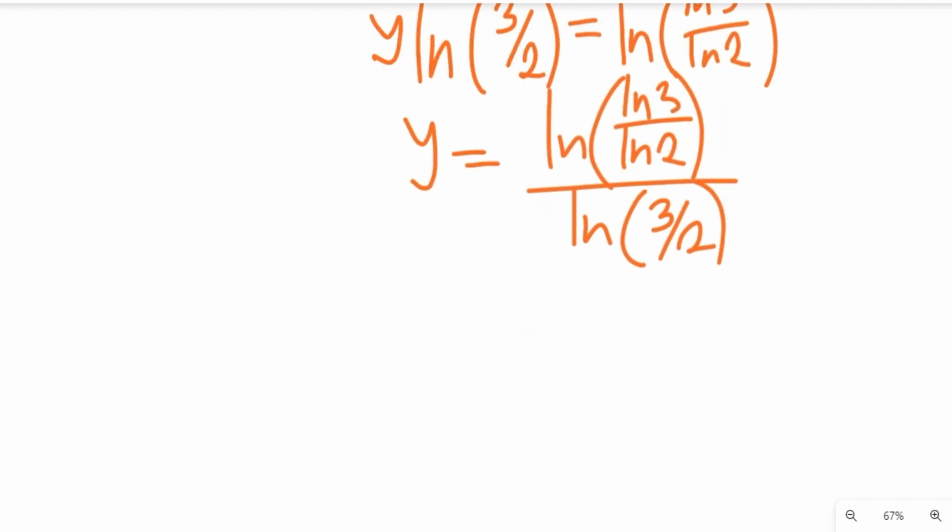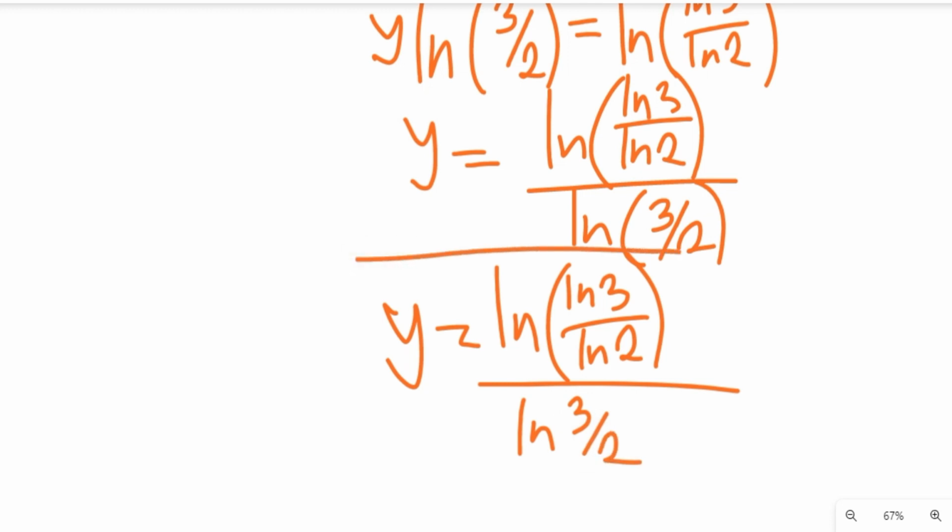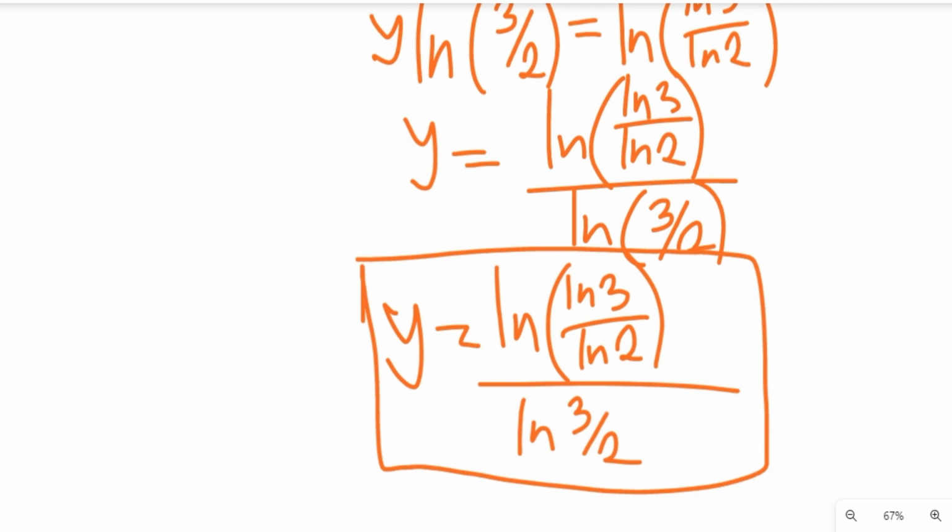Now you can use your calculator to find the value of this. First of all, you find the value of the natural log of 3 divided by the value of the natural log of 2, right? And then you divide it by the natural log of 3 divided by 2. And that will give us the solution to the value of y.